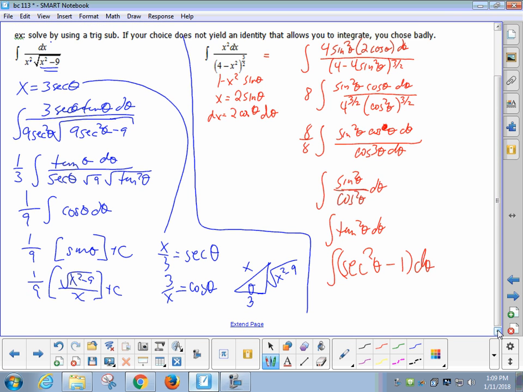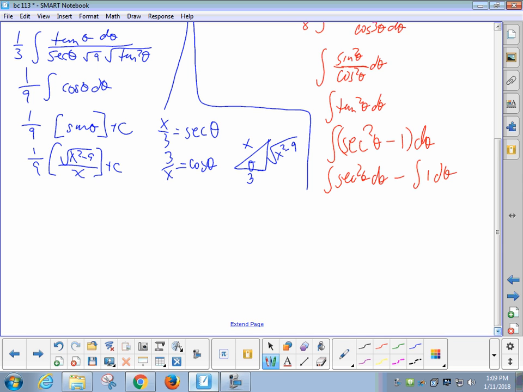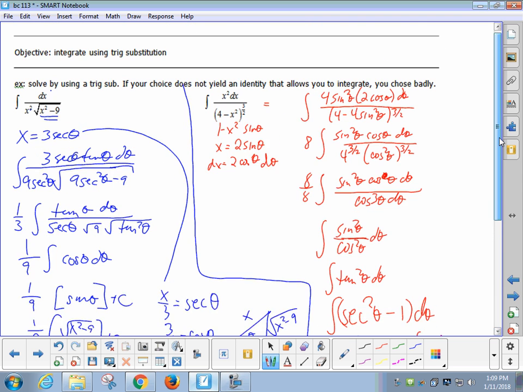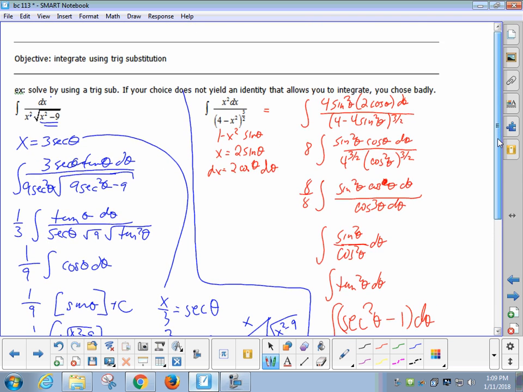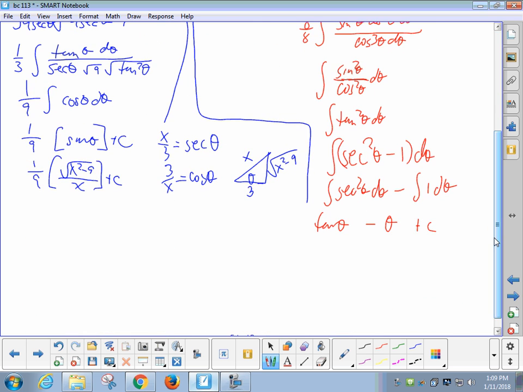Okay. I guess I could have done that and separated it into 1. I don't know what I was thinking. Okay. So what's the antiderivative of secant squared? Tangent. Tangent theta minus theta plus c. And then, so x over 2 equals sine of theta.